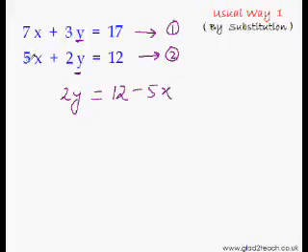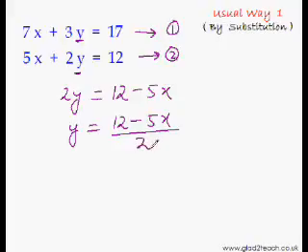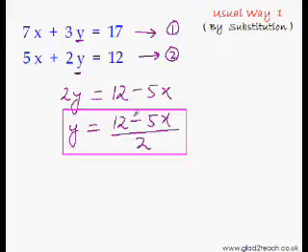When this positive 5x goes to the other side, it becomes negative 5x. Now take this 2 to the other side as well. You will have y equals (12 minus 5x) divided by 2, as this 2 was being multiplied here. Now we have this value of y, so we can substitute this entire value into the other equation.